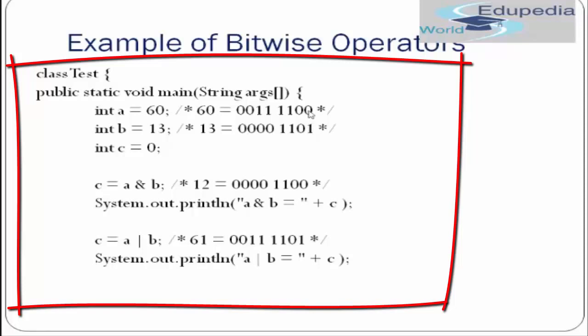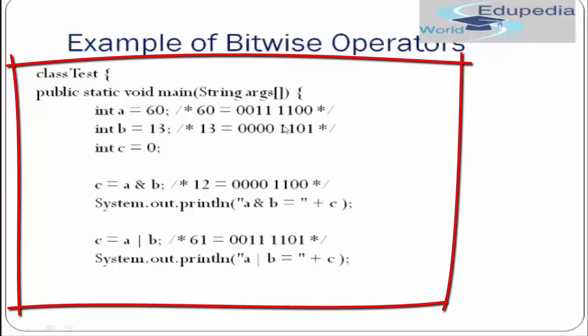I won't say multiply, I would rather say a and b. Whenever I'm doing 0 and 1, I'll get the output as 0, because to get 1, both have to be 1. Then doing 0 and 0, I'll get 0. Then doing 1 and 1, since both are 1, I'll get 1.